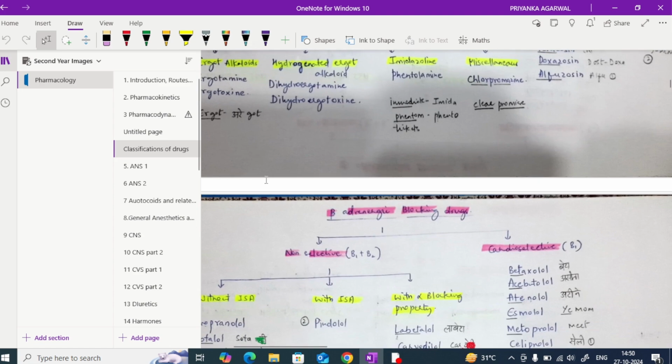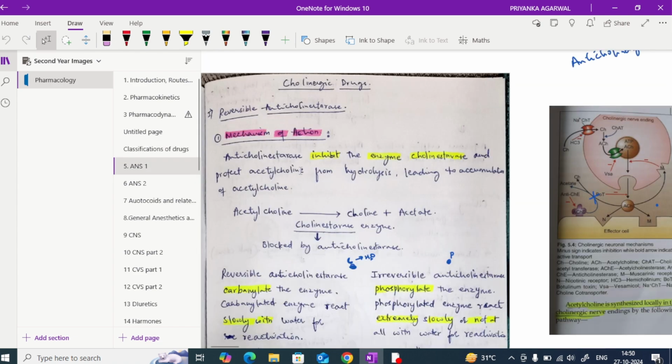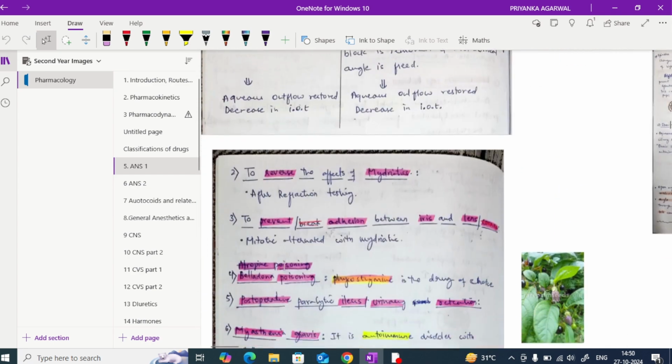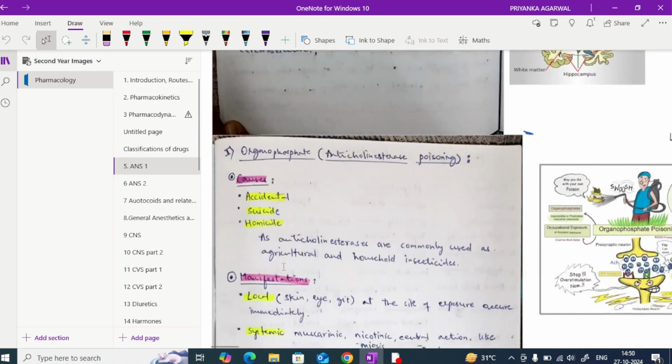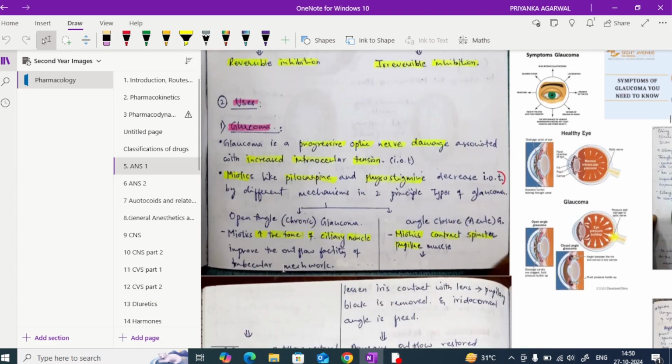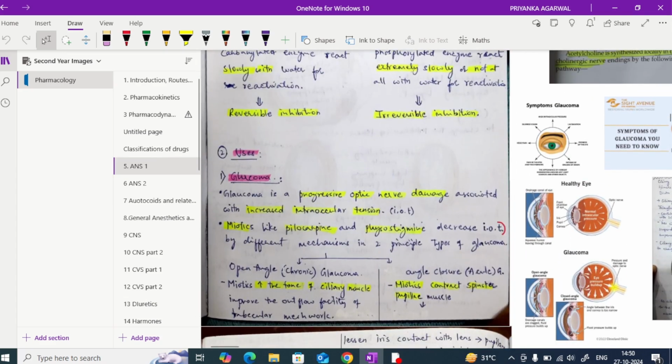Now when you go to the answers of cholinergic drugs, I will take you to that. So these are the notes for cholinergic drugs. Here you can see they are handwritten by me. They are very concise, very simple, and they have a good flow, so it's very easy to remember.